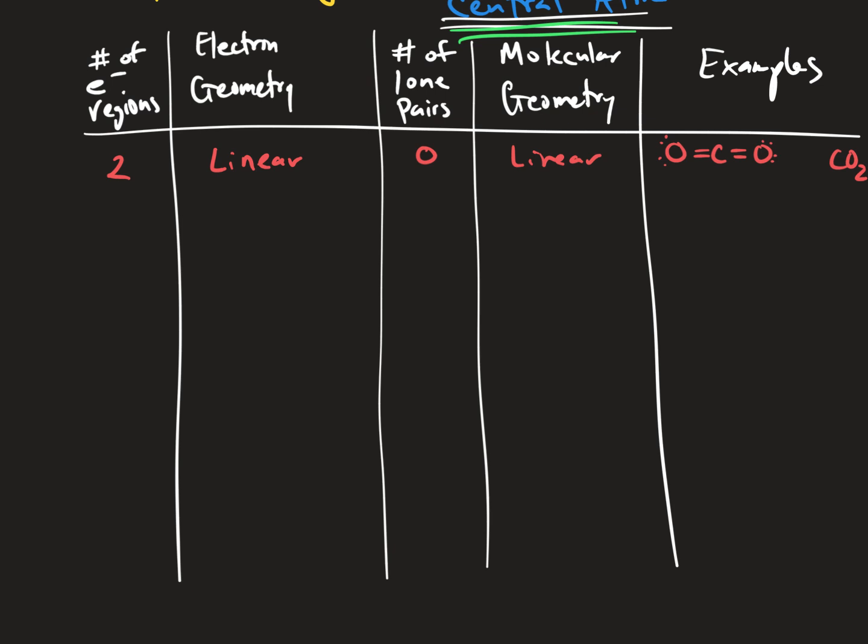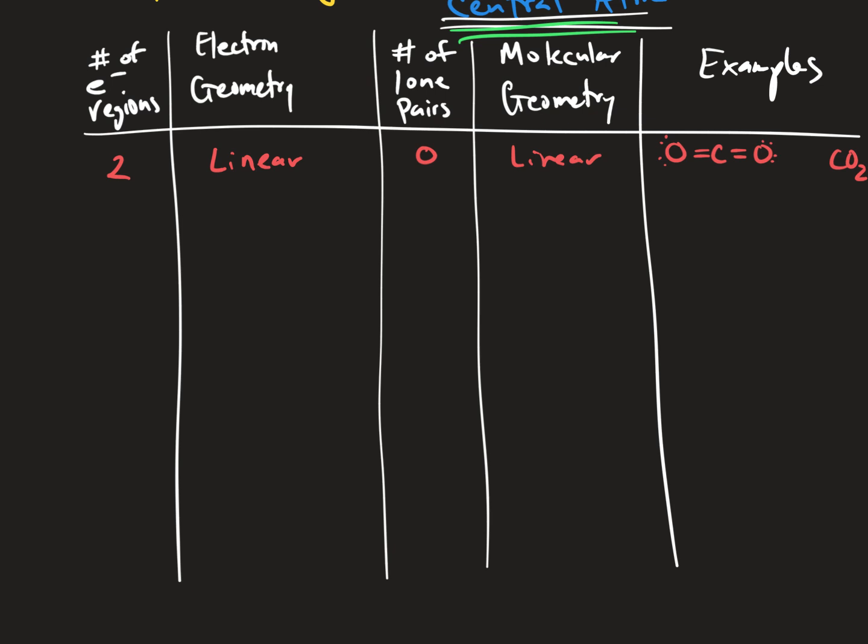I can do it again if you need me to. Okay? But this has 2 regions. Even though it's a double bond, it's still the same area of space, right? So that double bond is considered just one region of space. But we have 2 regions around that central atom.